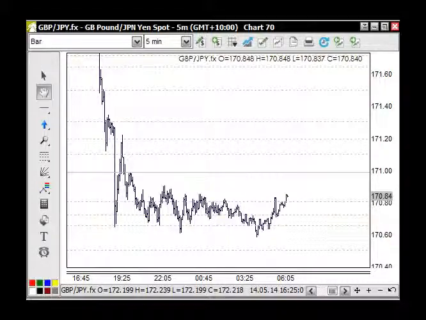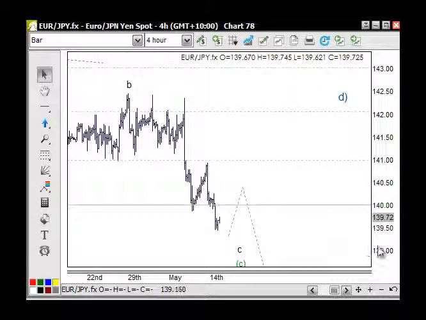And the euro yen is same but different. Once again, it's reasonably oversold on the daily chart. So once again, we can expect some support to come in, from that, a bounce up from the 139 sort of 50 area here.